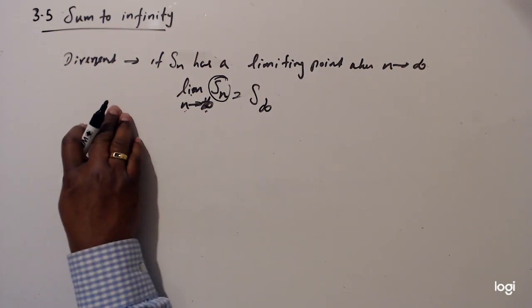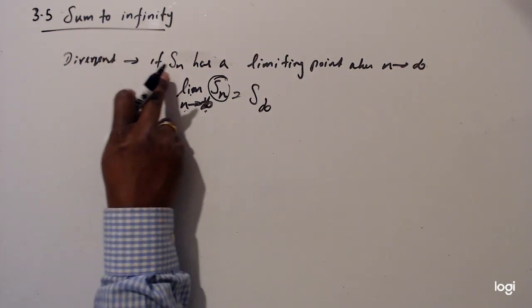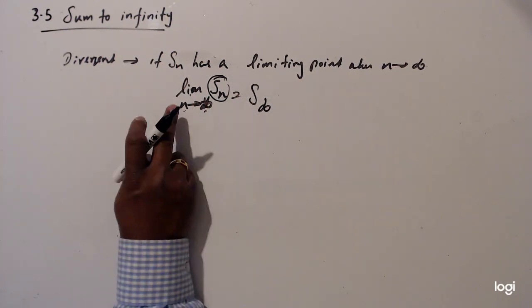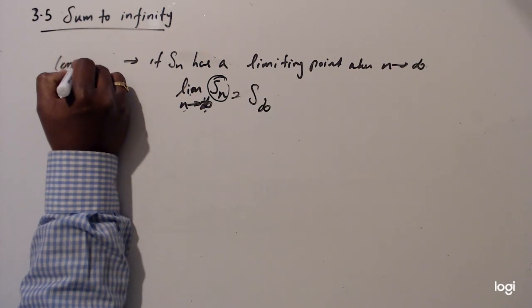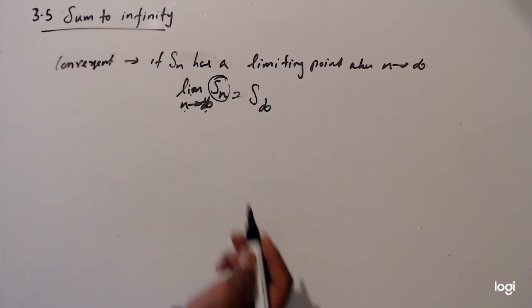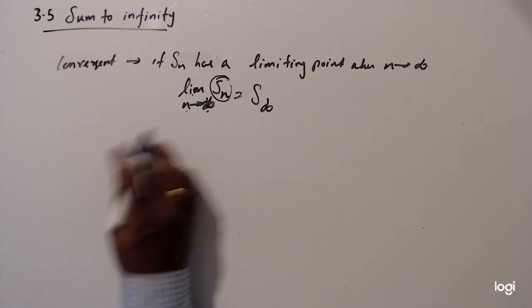Let me do a small correction. If Sn has a limiting point when n goes to infinity, then the series is convergent, not divergent. I will explain that.